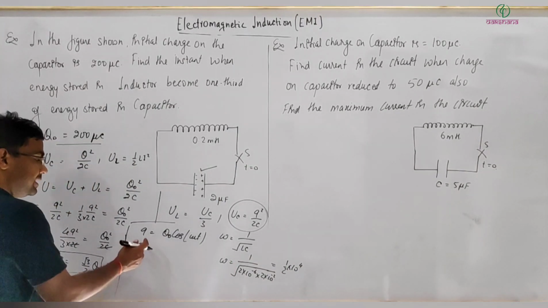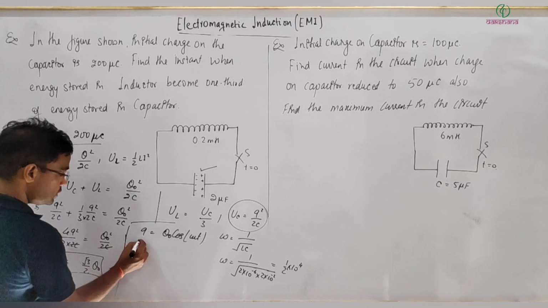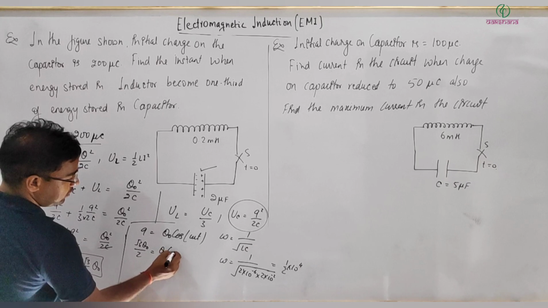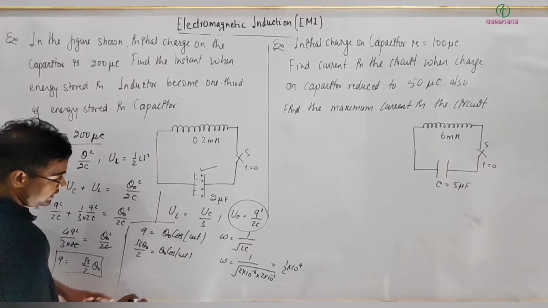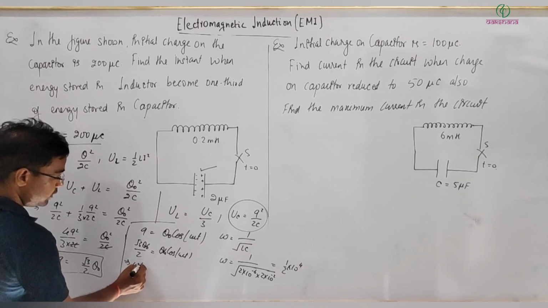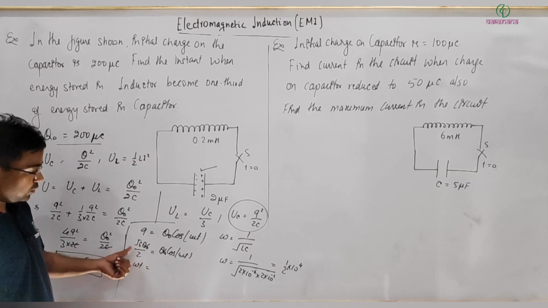Now I can substitute here. So root 3 Q0 by 2 is equal to Q0 into cos of omega t. So this cancels. This implies cos of omega t is equal to root 3 by 2.